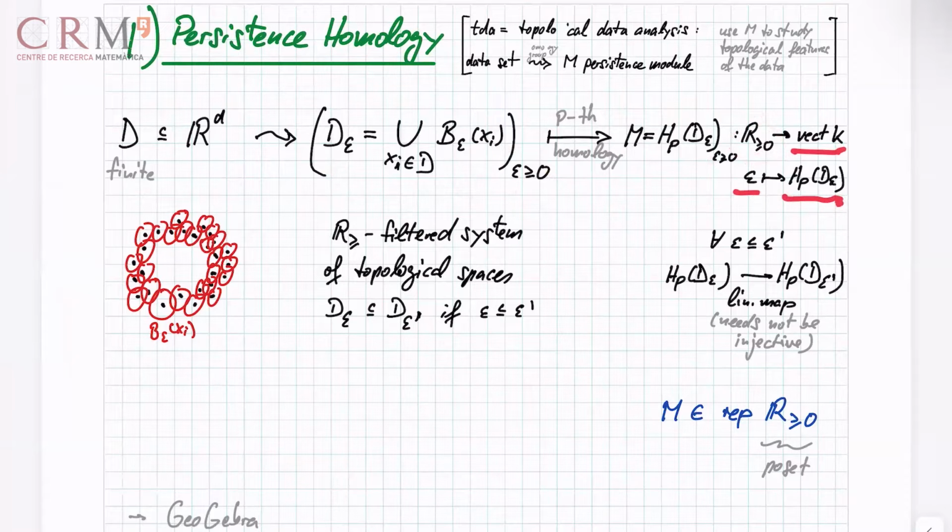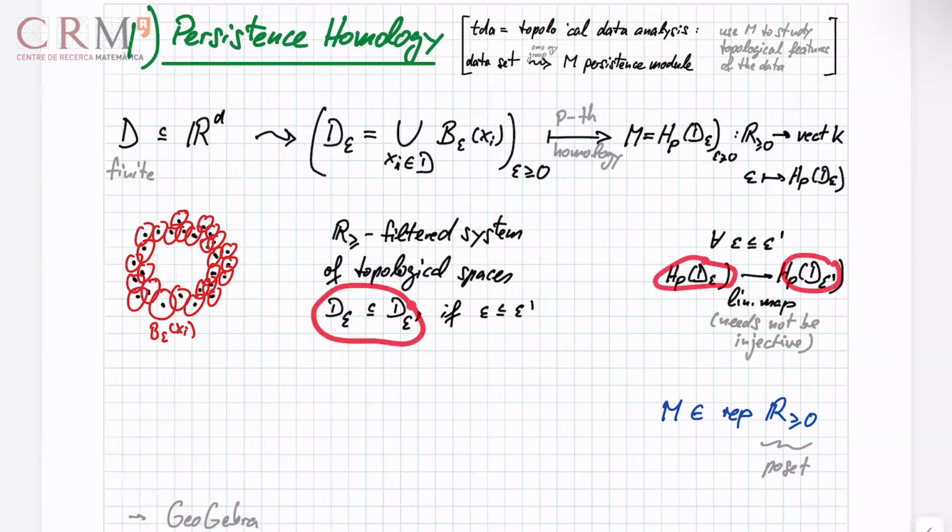Okay, and the spaces here, they are filtered. I mean, if you increase epsilon, then the union will become only larger. So for smaller epsilon, that space D epsilon will be contained in D epsilon prime. And now this construction, computing homology, will compute a vector space for every epsilon.